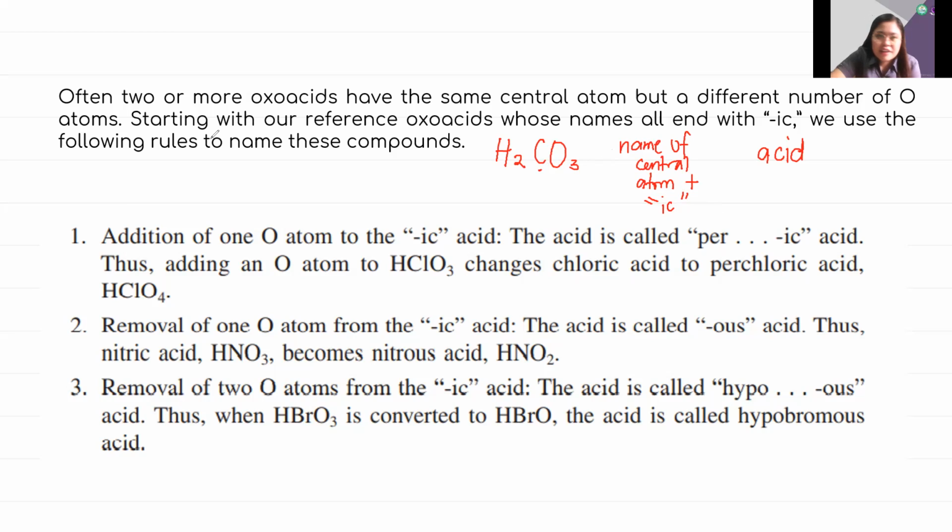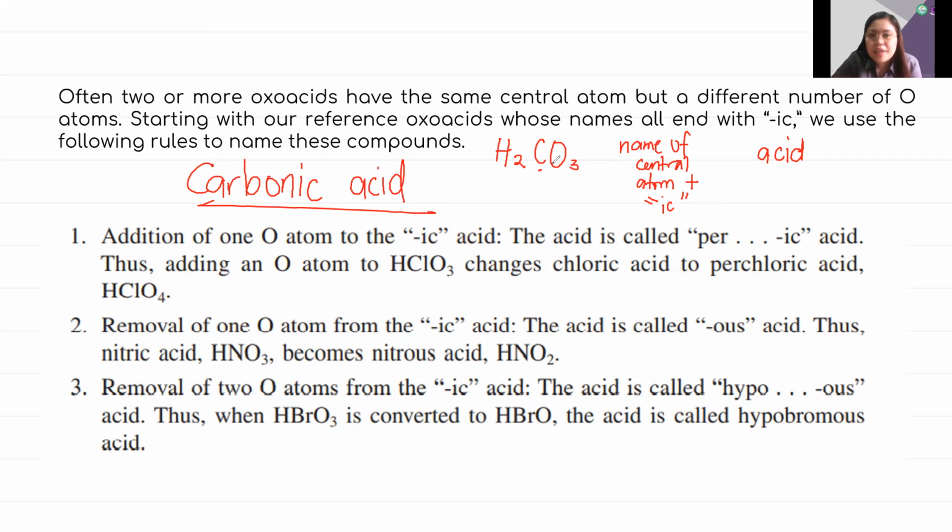So that's the name of the central atom, carbon, and then we add IC and then the word acid. Thus the name of H2CO3 is carbonic acid.